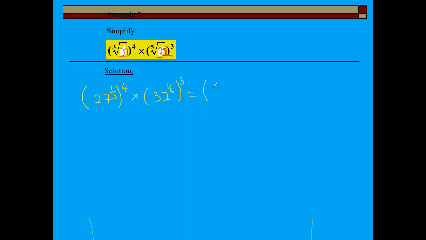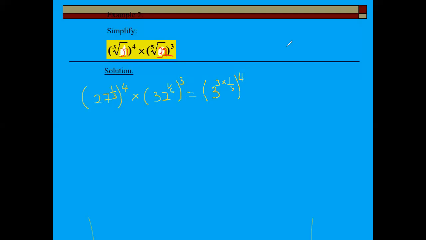So please, come and let me solve. 3 times 3 times 3, 3 times 3 is 9, 9 times 3 is 27. So that will be 3 raised to power 3, times 1/3, all raised to power 4.